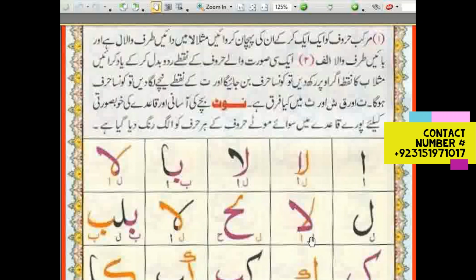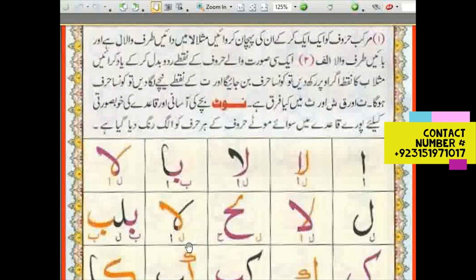In this chapter you will learn just the different shapes of one letter and how you will join two letters, and what the shape of a letter will be if you join it with another letter. Like I told you before, lam alif and lam alif, and this one is also lam alif, and the fourth one is also lam alif, and the fifth one again lam alif.